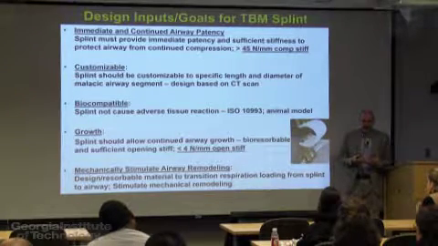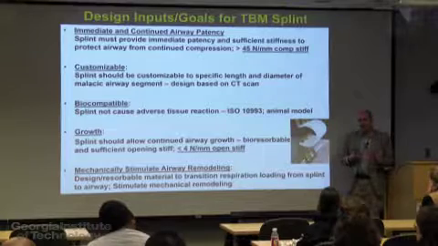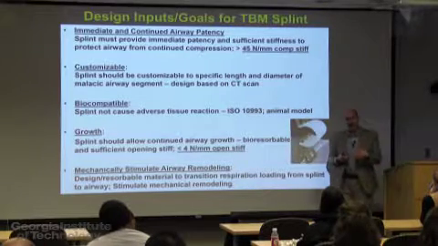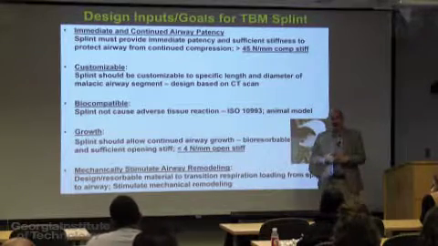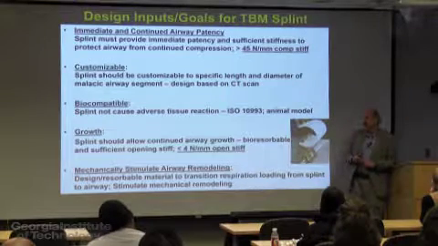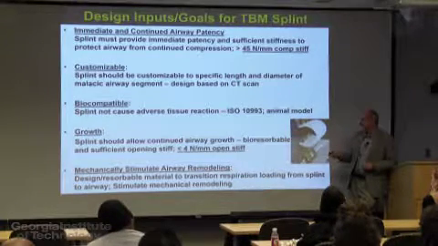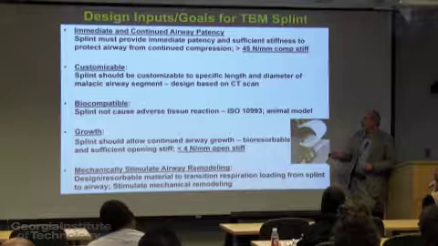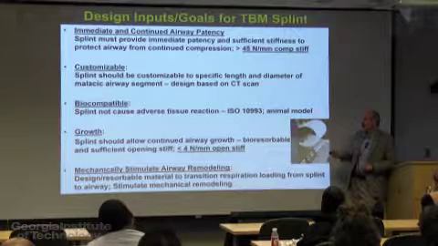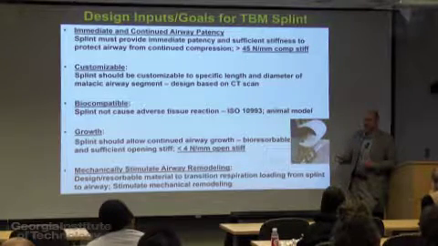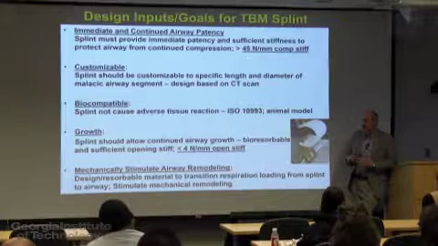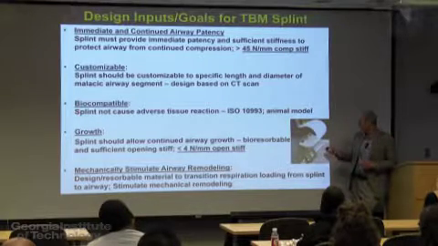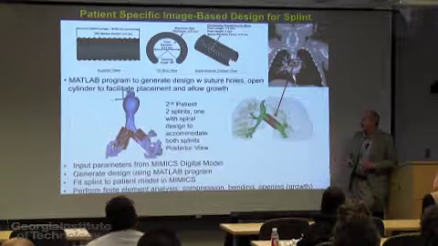If we have malacia, and we relieve the pressure on the airway, do the cartilage rings then develop normally? This is one of the big unknowns, I think, in treating tracheomalacia. So all of these, from a regulatory standpoint, we use as design inputs for our device, and we try to design the device to fit these inputs and test it as well.